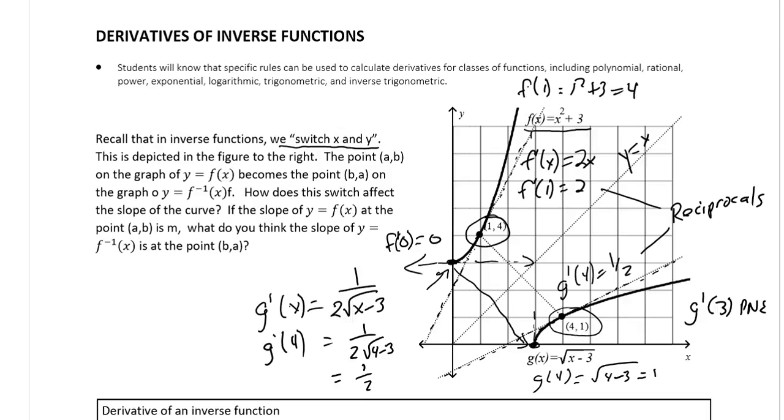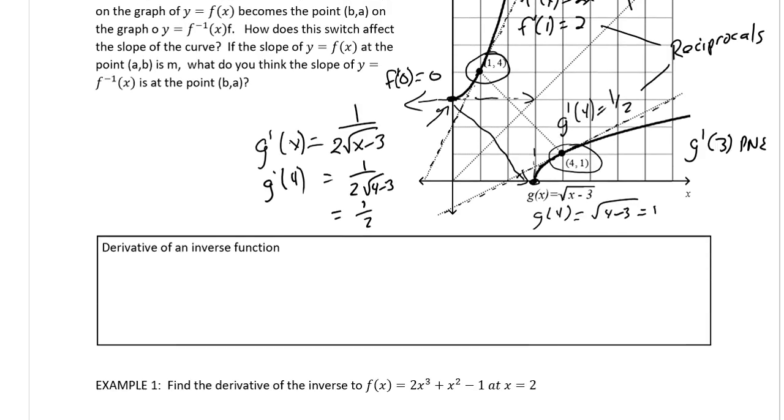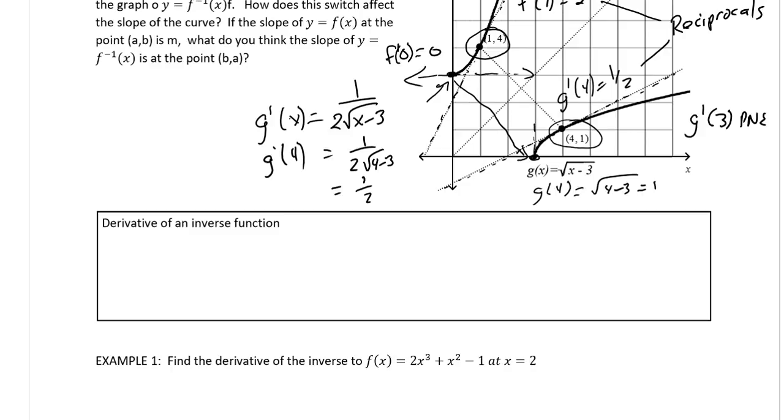So let's talk about how we can find derivatives of inverse functions, using what we just talked about. Let's just take up here. We know that f of g of x is going to equal x. That's the property of inverse functions: when you plug one into the other, you always get x, no matter what order. I also could have done g of f of x and it would be the same thing.